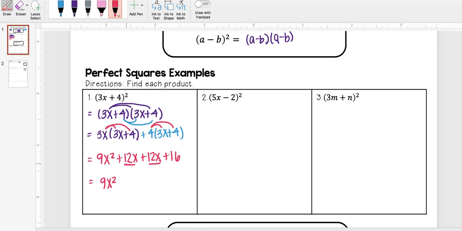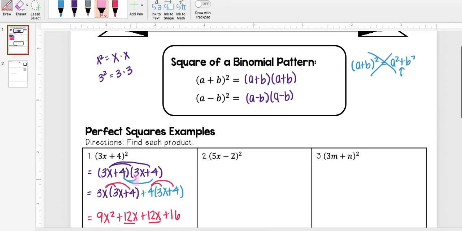So I have 9x squared, 12x plus 12x, I get 24x, plus 16. So I see with this perfect square example, square of a binomial, I will end up having this middle term. So if I did it this way, I miss out on that term right there.